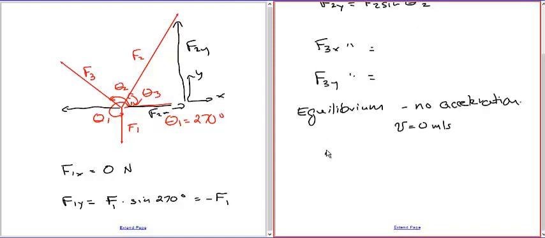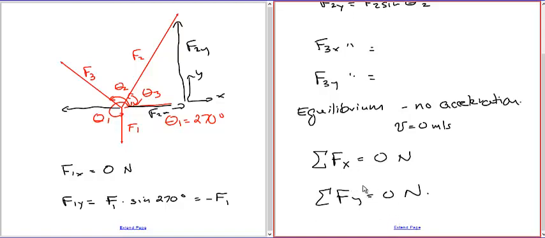And as a consequence, you end up with these two equations. The sum of the forces in the x equals 0 newtons, and the sum of the forces in the y direction equals 0 newtons.